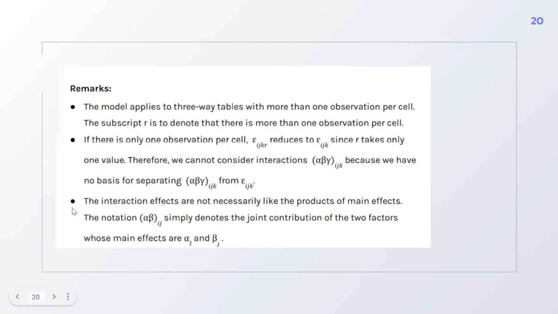And the last remark, the interaction effects are not necessarily like the products of main effects. The notation alpha beta sub ij simply denotes the joint contribution of the two factors whose main effects are A sub i and B sub j. So, ang sinasabi po dito is hindi po siya product.